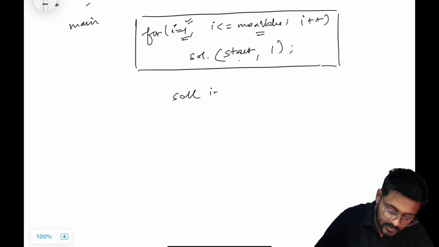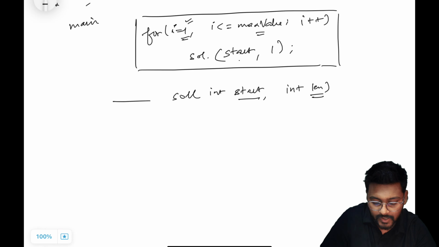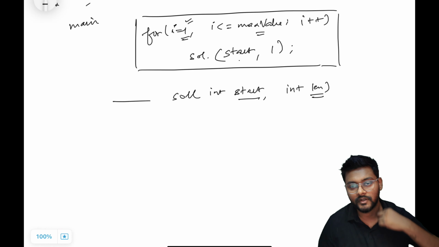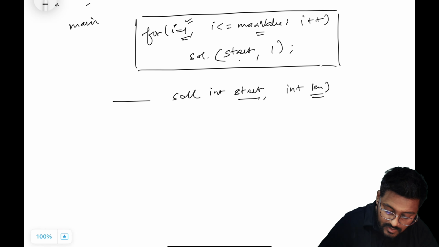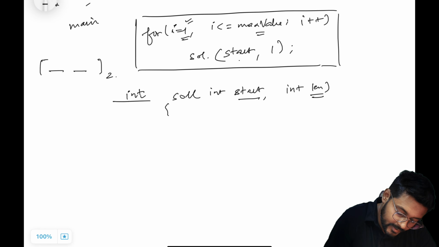In the helper function, it is taking a start position and it is taking length, and what it is going to return is how many ideal subarrays we can form using this combination of start and length. Initially the length was 2 for an ideal subarray.